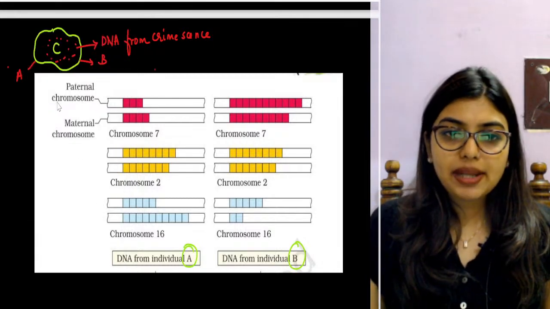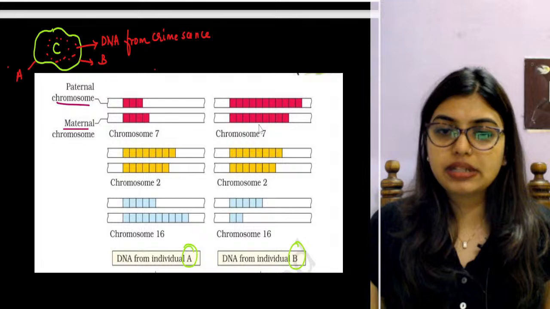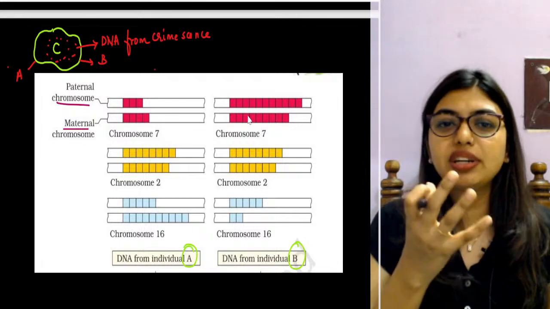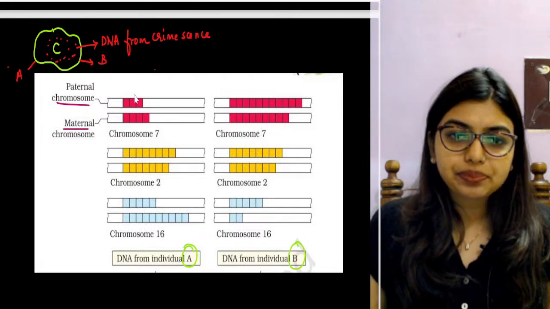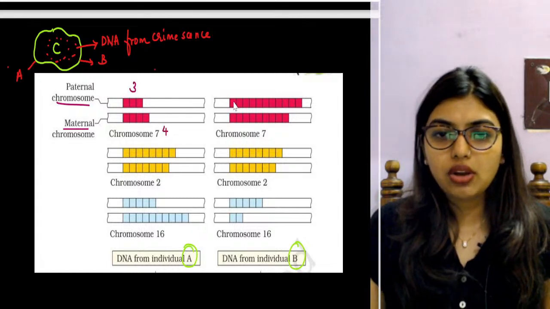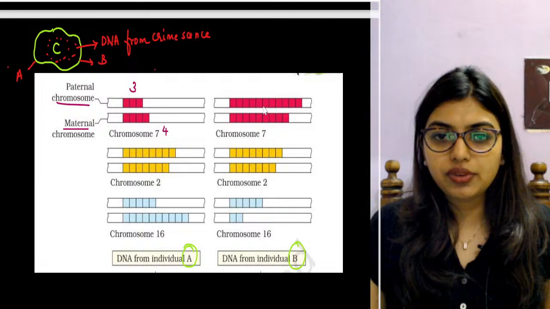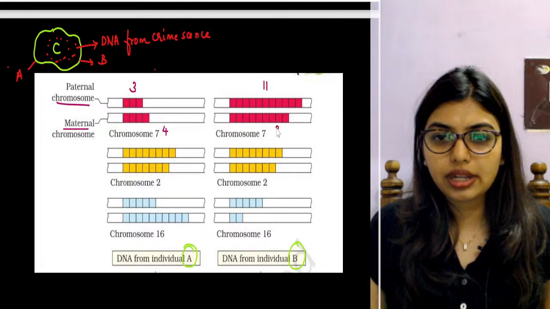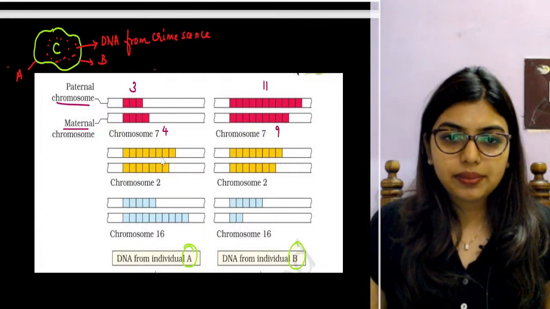See students, paternal chromosome, maternal chromosome. Maternal chromosome obviously is going to be different for all of them. Okay, here you can see 3. I'm just going to count. Repetitions 4. This is going to be 1 2 3 4 5 6 7 8 9 10 11. Okay, here 9 8, 1 2 3 4, no 7.